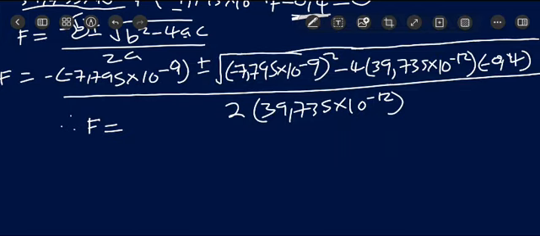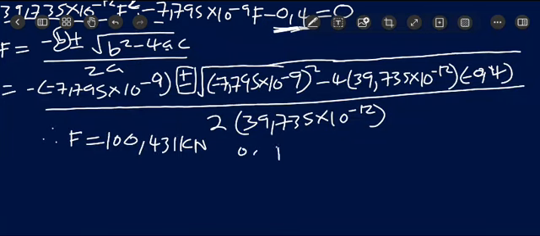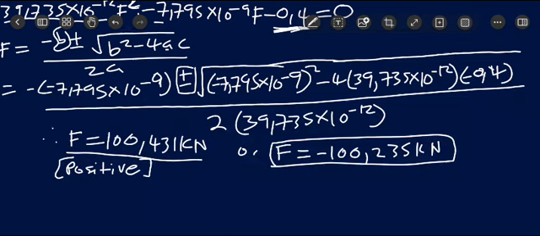The force will simply equal, obviously with plus or minus, positive 0.431 kilonewton, or the force will be equal to minus 0.235 kilonewton. But we don't use this one; we choose the positive value. That is our force there.